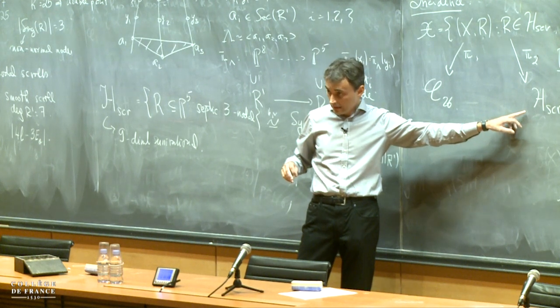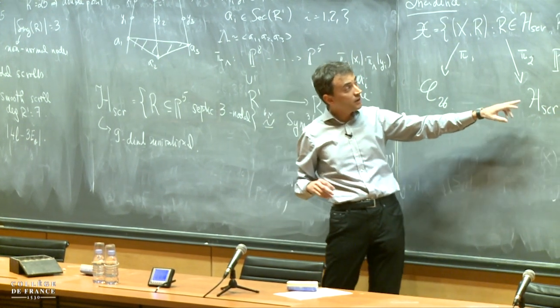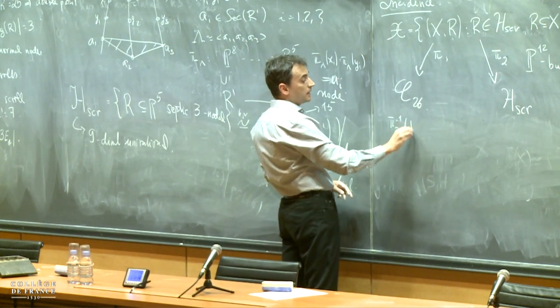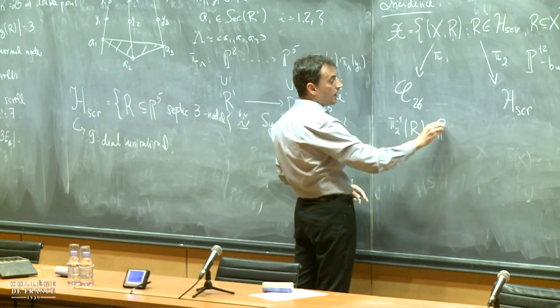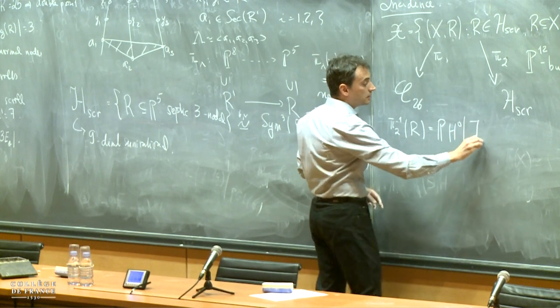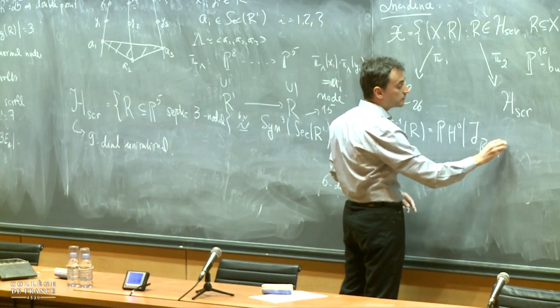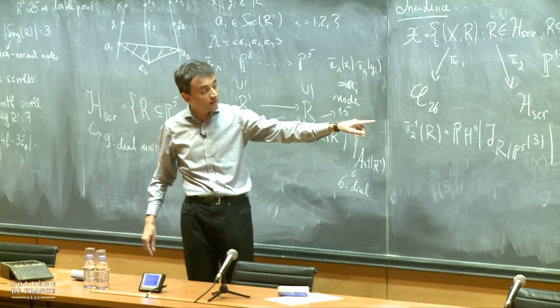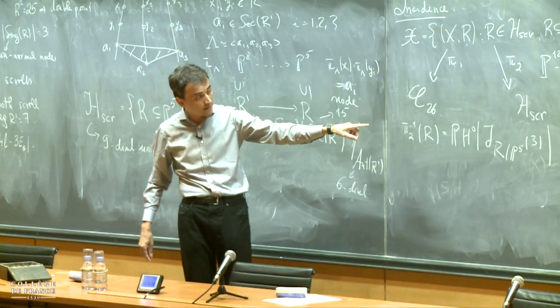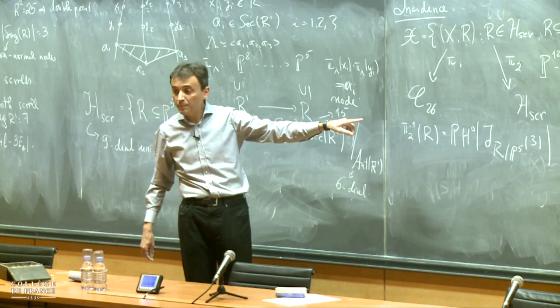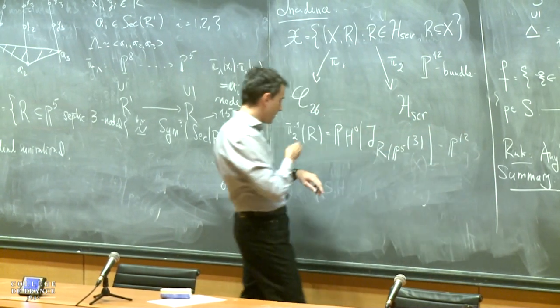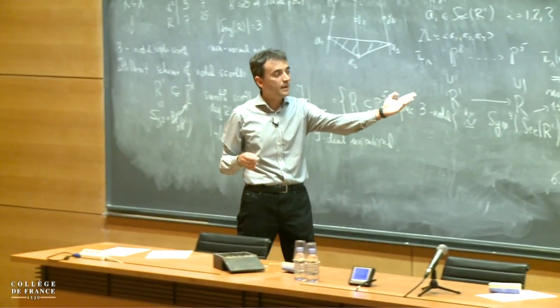Okay, so now you take the fiber of pi 1. This is a projectivization of this vector bundle. This vector space you can compute, this is a P12. It's an elementary calculation.